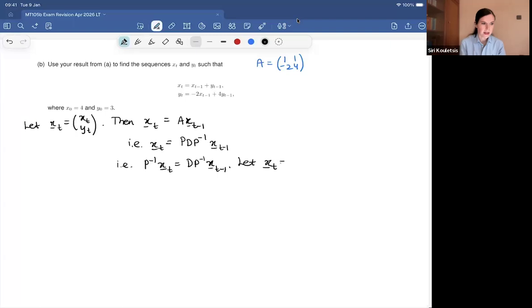And now we let xt equal P times ut. Then we have that ut equals P minus 1 xt.